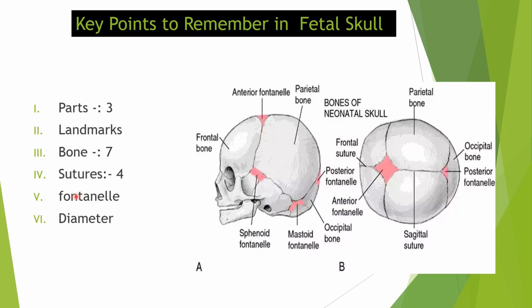There are 4 sutures, and fontanelle, this is very important, and please try to give more attention when I'm explaining about the fontanelle, because in every part of OBG the fontanelle plays a very major role, and moreover you will get more questions related to that. And number 6 is the diameter, which I will not be going into so detailed in this video because it might take a bit more time.